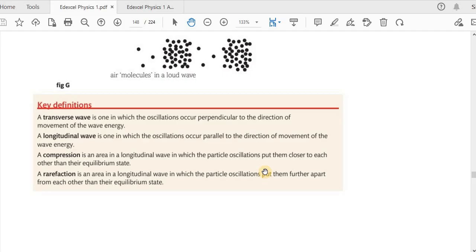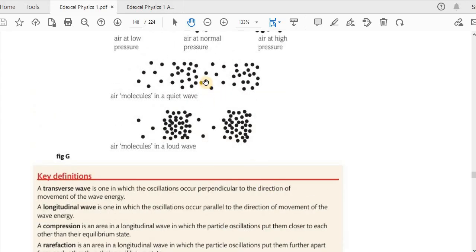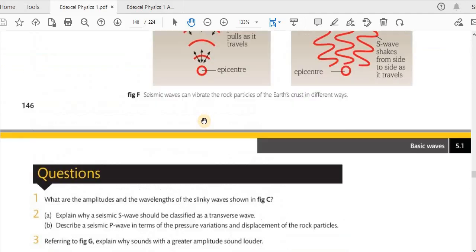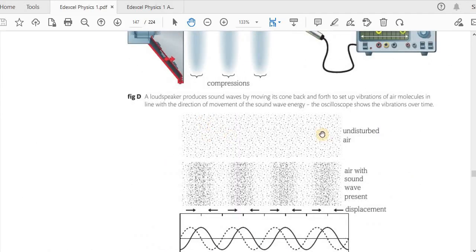But once the wave is moving, the coils get compressed, they are stretched, they are moved apart, just like you see here. So this is, let's say, undisturbed air. See, air molecules in a quiet wave. Here they are close together.